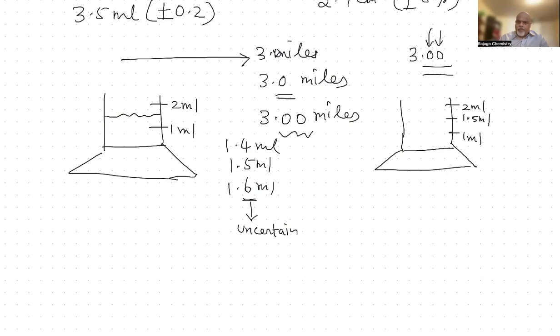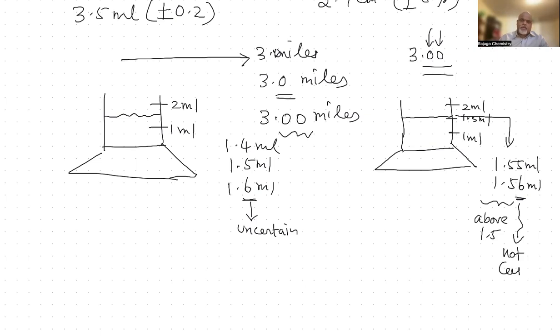If the liquid is like this, now this liquid level here, you can say it's 1.55 ml or 1.56 ml. You are confident that it is obviously above 1.5, but this 5 and 6 you are not certain. So this is the uncertainty we are talking about.